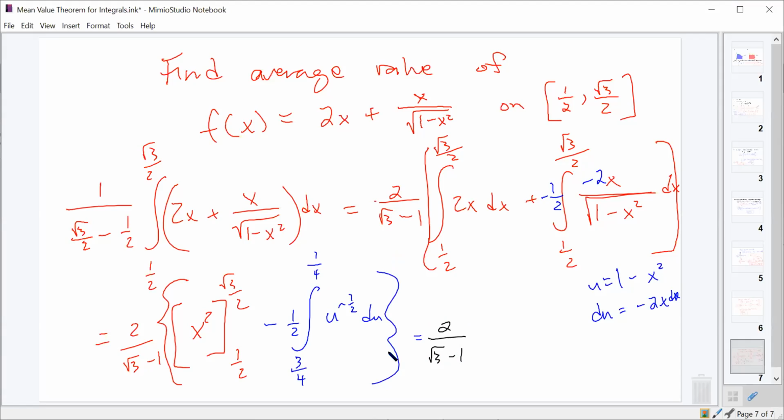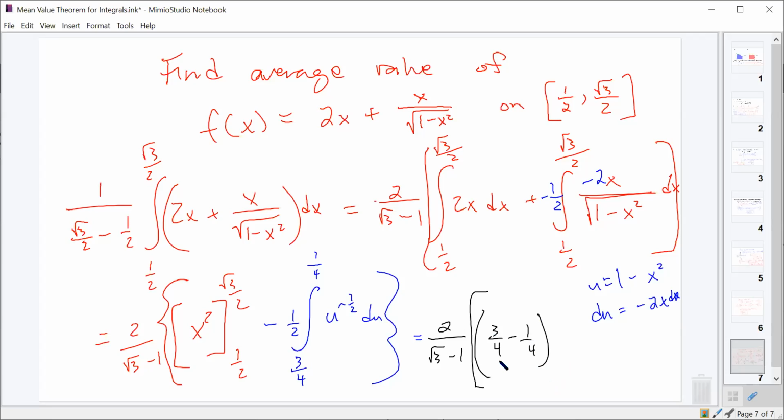And that's a little bit of a mess. 2 over root 3 minus 1 times x squared, if we evaluate that at root 3 over 2, is what, 3/4? Minus 1/4.